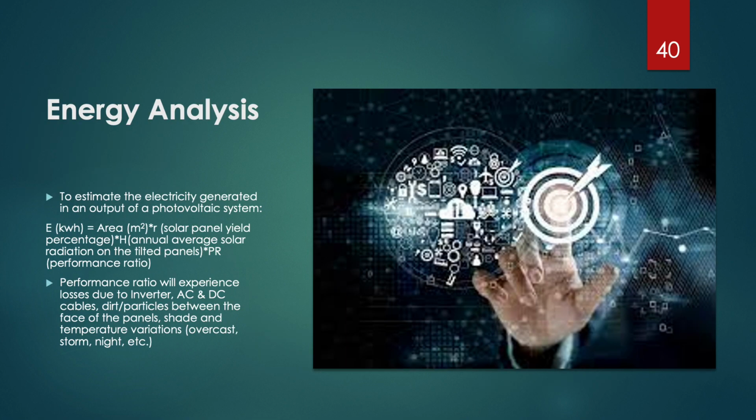Here is the energy analysis portion. To estimate the electricity generated by the output of a photovoltaic system, we have the following equation. Energy, E, in kilowatt-hours, equals the area in meters squared multiplied by r, which is the solar panel's yield percentage, multiplied by H, which is the annual average solar radiation on the tilted panels, multiplied by the performance ratio, PR.